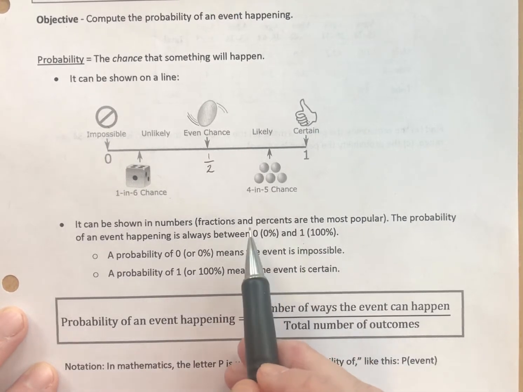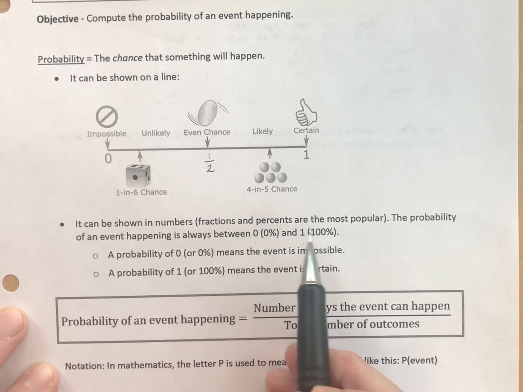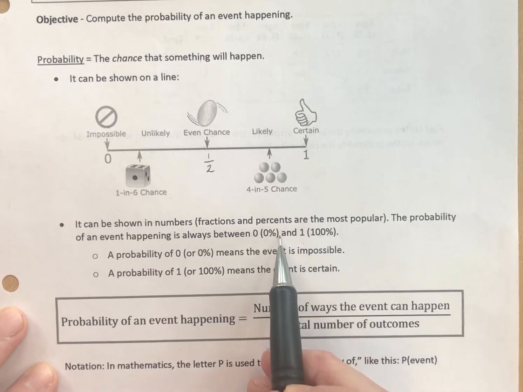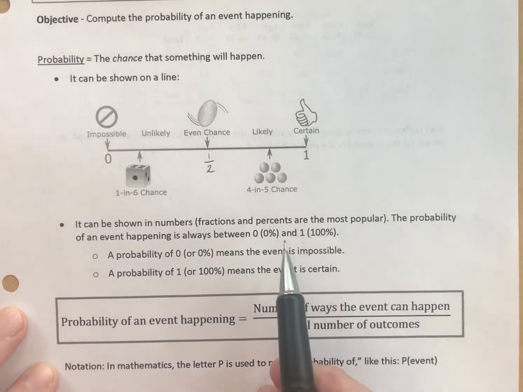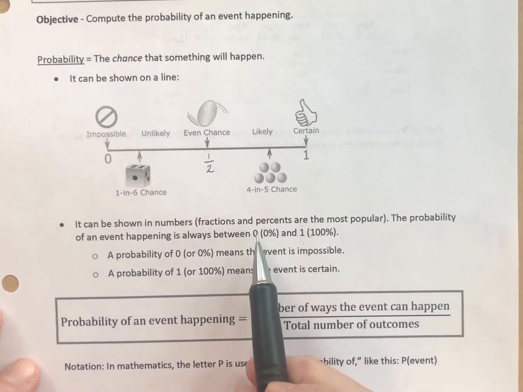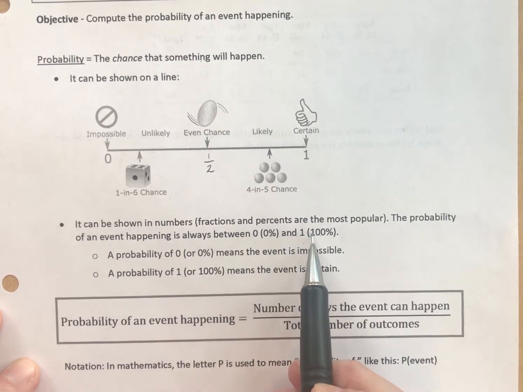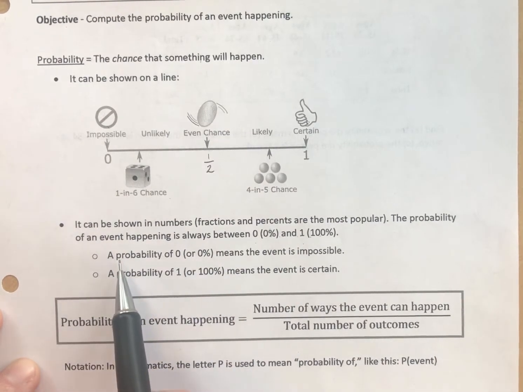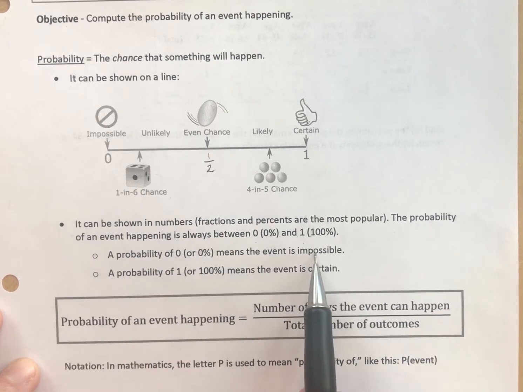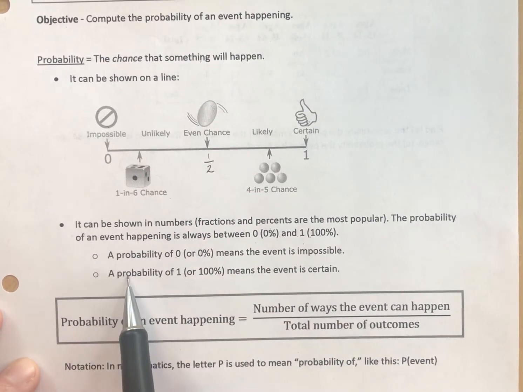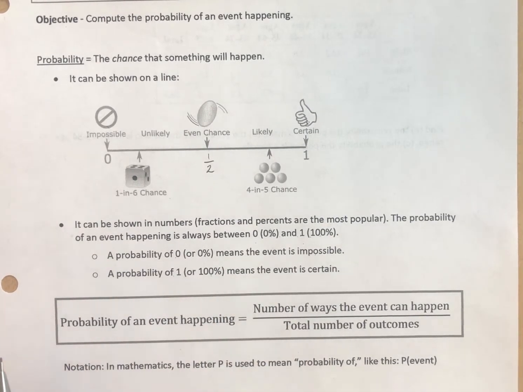So you have proper fractions between 0 and 1, or it's between 0% and 100%, 20%, 30%, 75%, etc. Those are your extremes, 0 to 1, or in percentage terms, 0 to 100. And as I mentioned above, a probability of 0 or 0% means it's impossible. A probability of 1 or 100% means the event is certain.